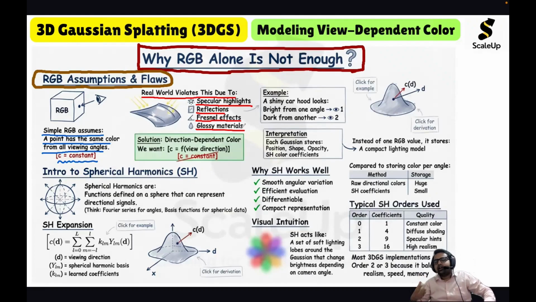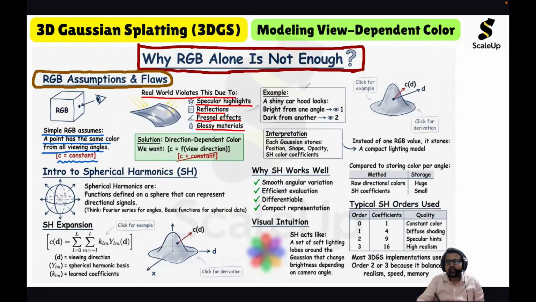For the same point, if we look from different angles, the color changes. That's why RGB is not a good choice to represent the colors of a 3D Gaussian, because a 3D Gaussian represents a real scene.